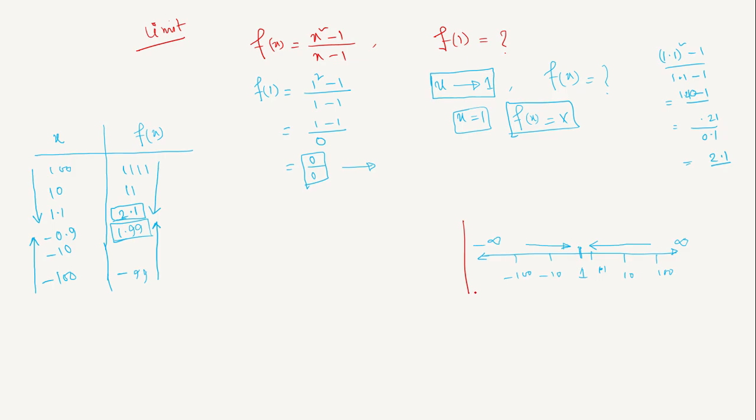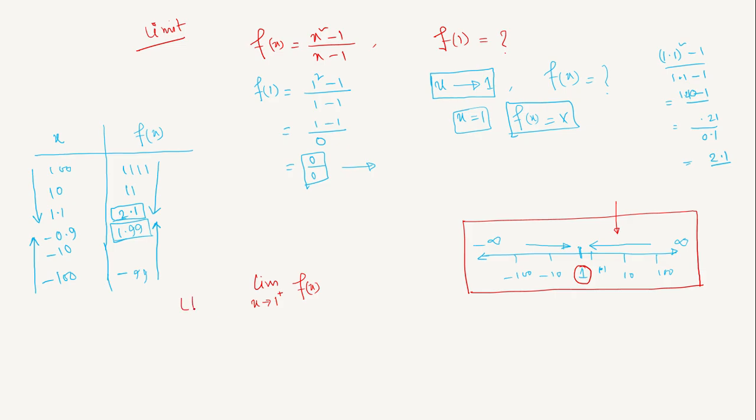Now here we calculated, or we just checked, the values of x approaching from two sides, from the right side and from the left side. If we calculate only the right side, then it is called the right hand limit. And we indicate this as limit x tends to 1 plus of f of x.